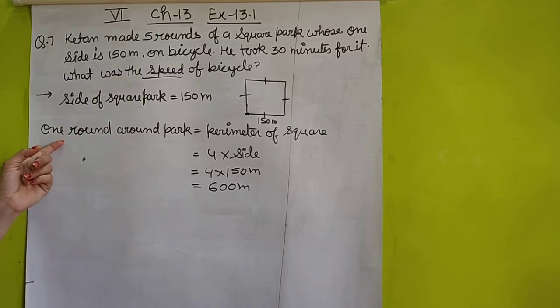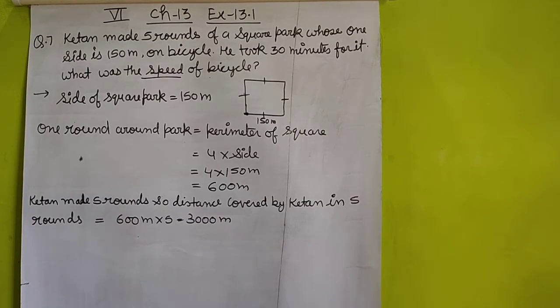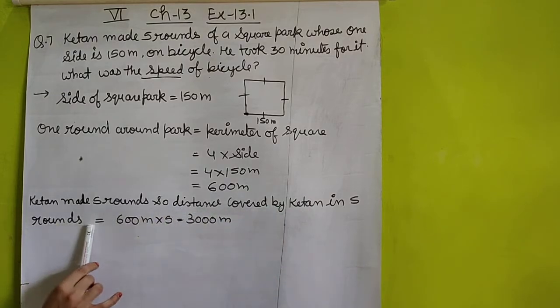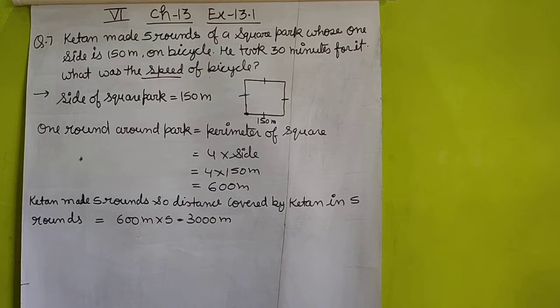Now he made 5 rounds, so the distance covered by Ketan in 5 rounds will be 600 meter multiplied by 5. It will be 3000 meter.